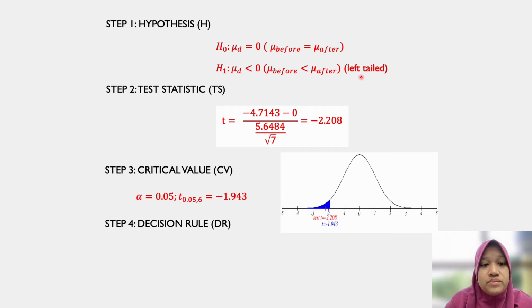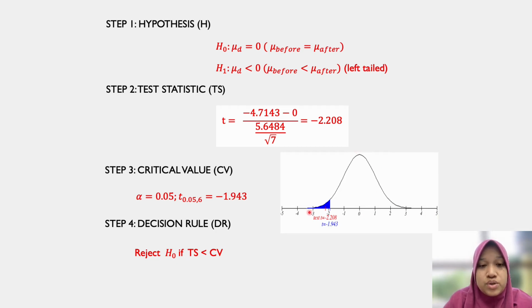Okay, step number 4, you need to decide on the decision rule. Our rule is we will reject the null hypothesis if the test statistic is less than the critical value. How do we come up with this rule? You can look at this diagram.